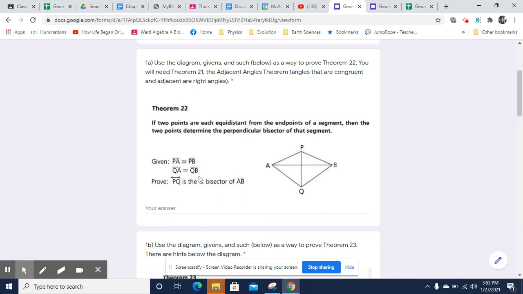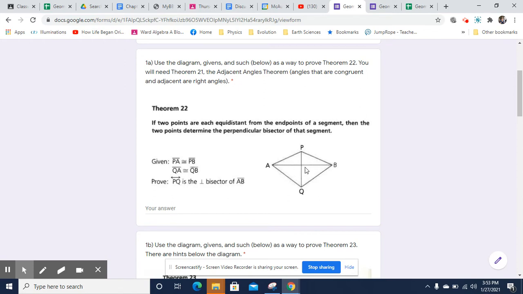If we could prove that triangle PA whatever it is and PB whatever it is are congruent, or triangle QA whatever in the middle and QB whatever in the middle are congruent, either one of those combinations would do a couple things. One is it would prove that these segments are congruent, so they're bisected.